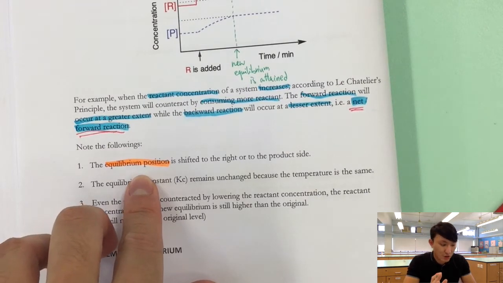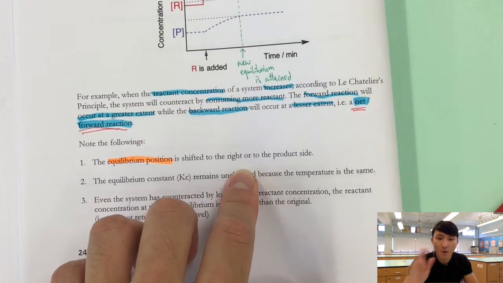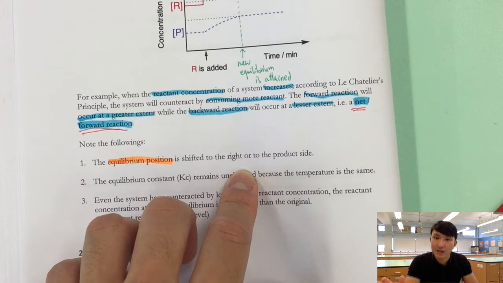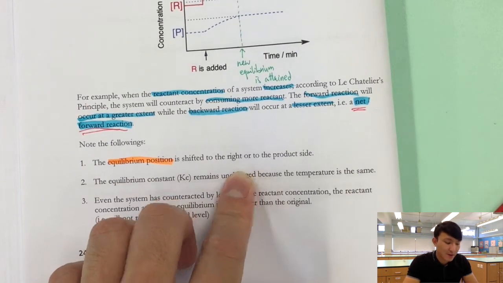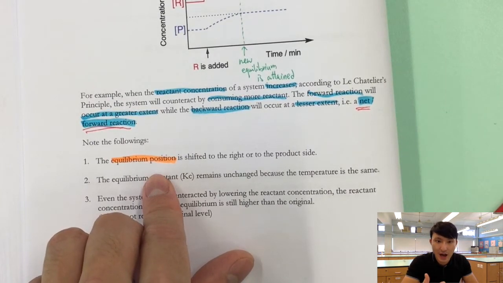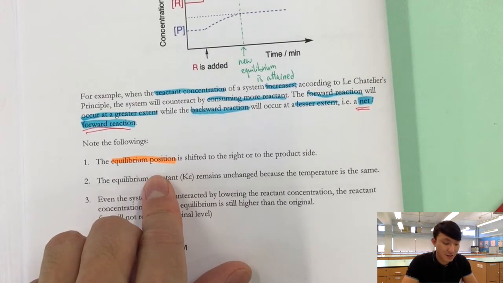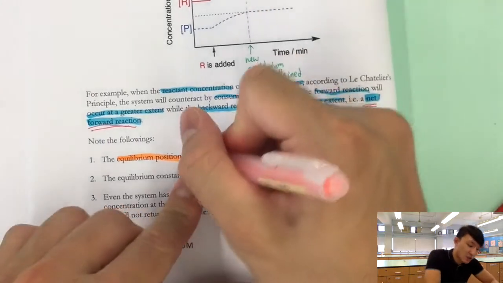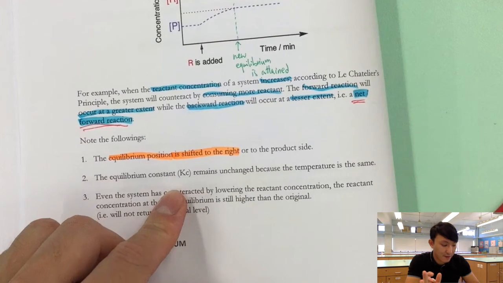That means we have the forward reaction occurring to a greater extent than the backward reaction, or that means there is a net forward reaction. This is just different ways of describing the change of a system. But I would like you to study and follow how I describe the changes and the response by the system. So the equilibrium position is shifted to the right, favoring more of the product side.